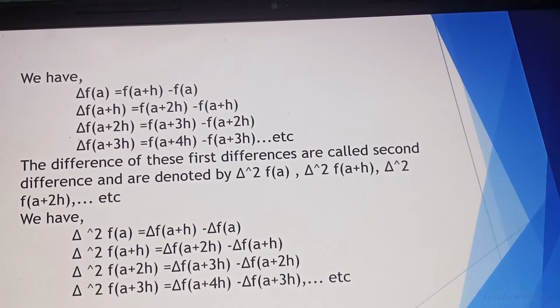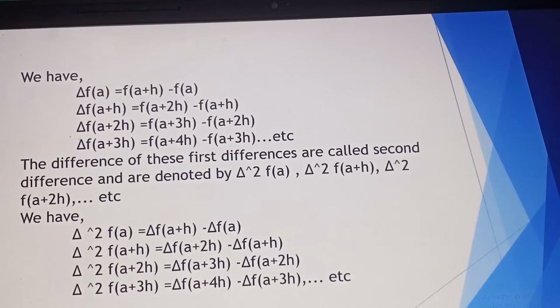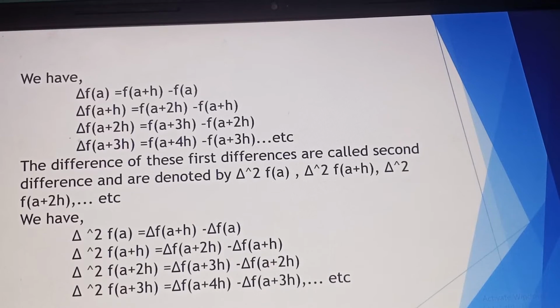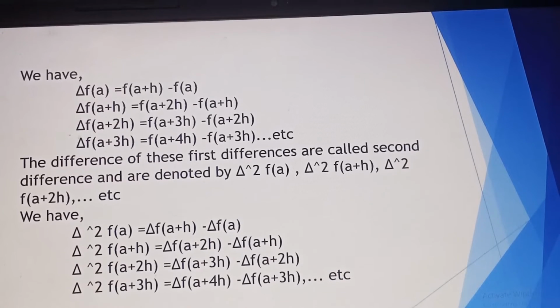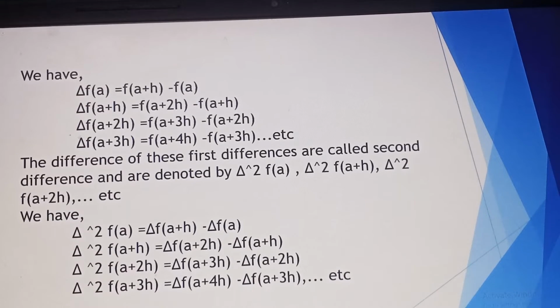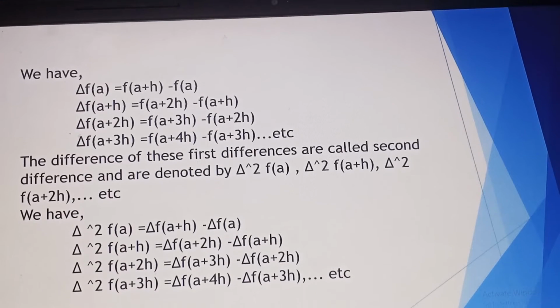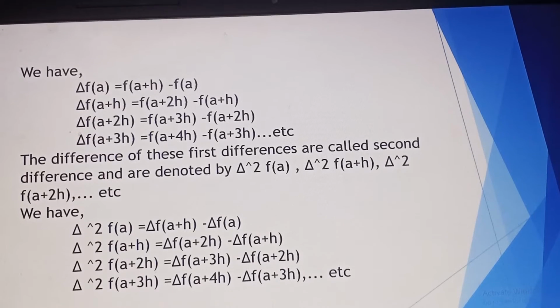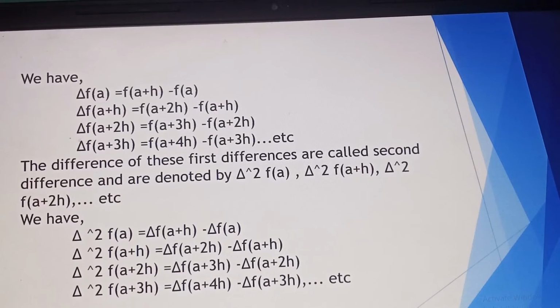The differences of these first differences are called second differences and are denoted by delta square f of a, delta square f of a plus h, delta square f of a plus 2h, etc. We have delta square f of a equal to delta f of a plus h minus delta f of a.